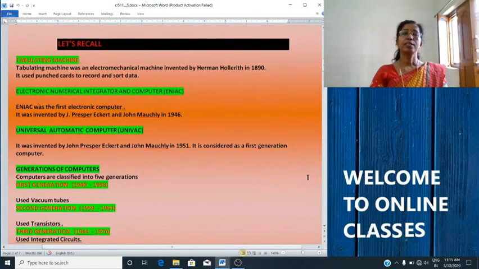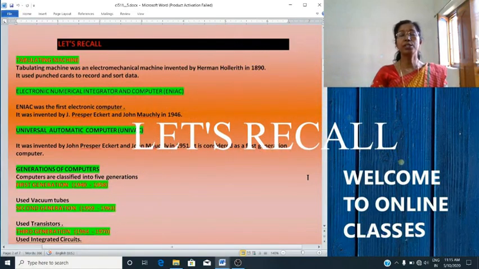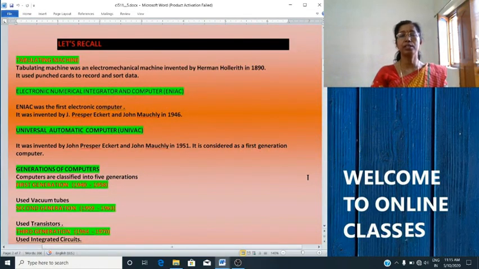So students, first we will revise what we had studied in the previous session. In our previous session, we studied about the tabulating machine. What is the tabulating machine? And who developed it? Remembering?